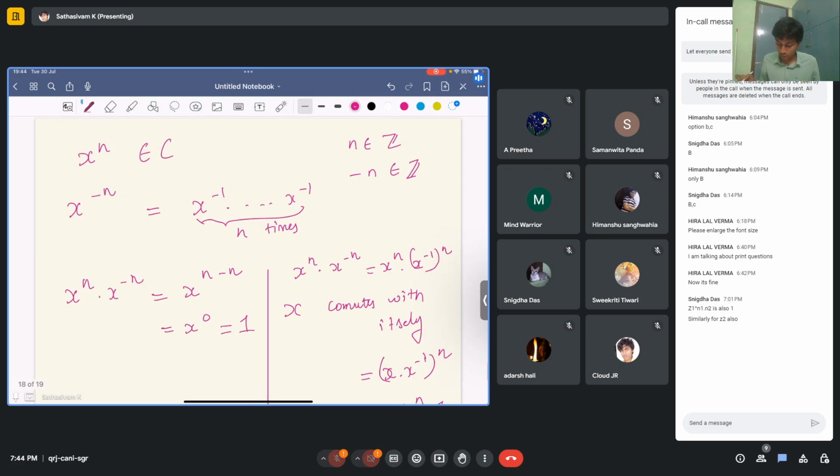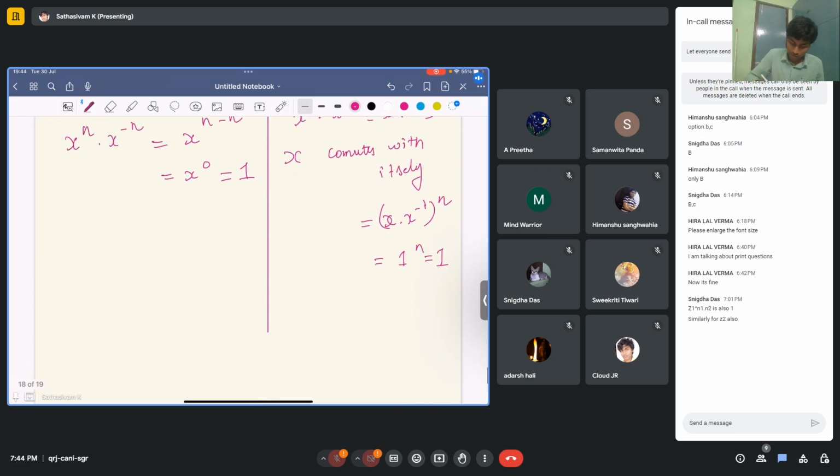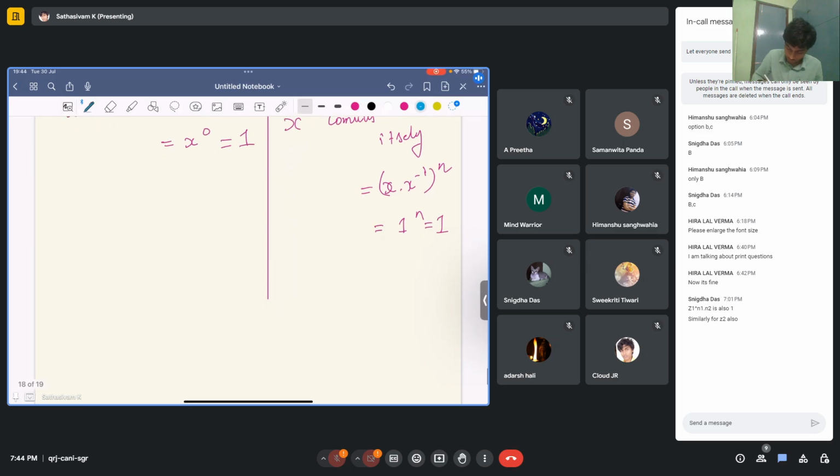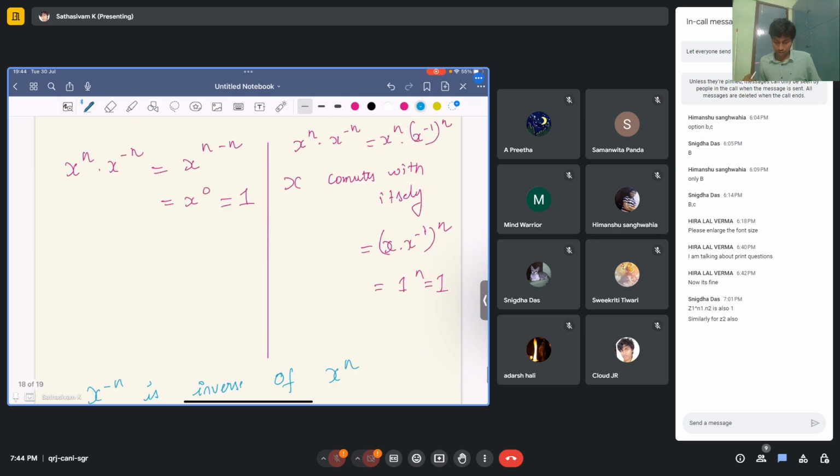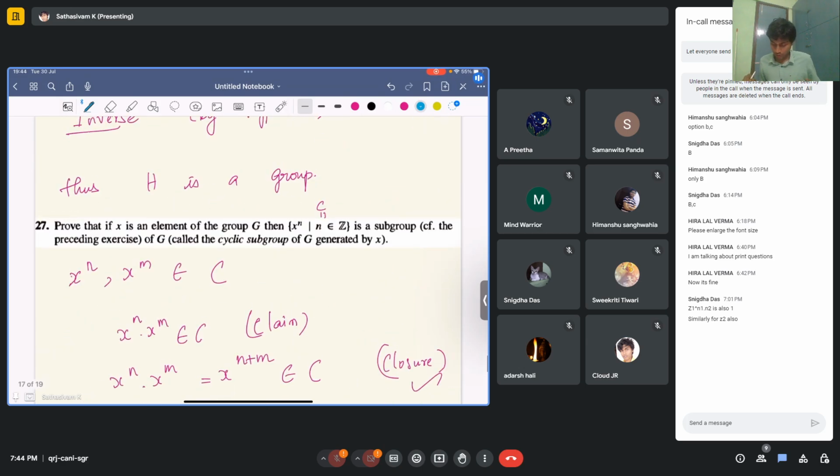Anyway, what we have proved is the following: x power minus n is the inverse of x power n. x power minus n by definition is basically x inverse multiplied n times. Okay, so we have proved both of that.